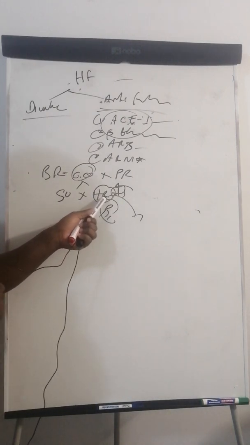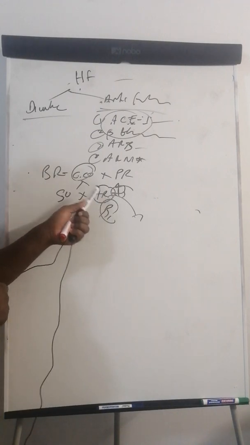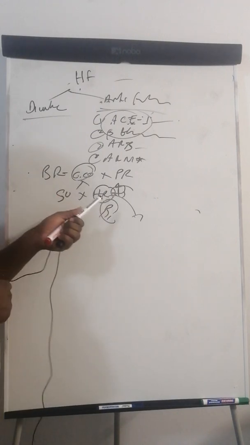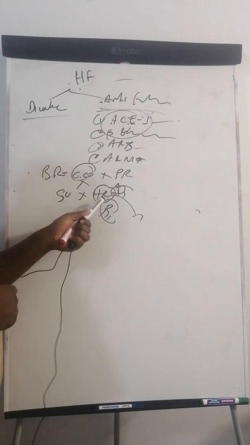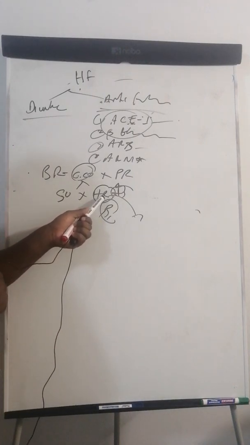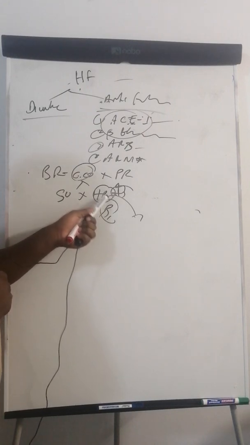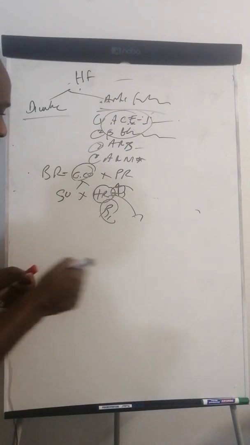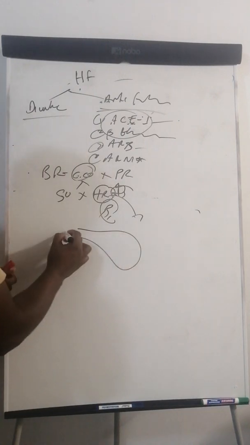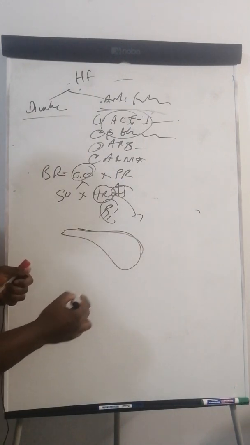So you run a risk of having ischemic heart disease here, forcing ischemic heart disease. Remember, ischemic heart disease does not only come because of plaques, atherosclerosis. You can cause that even here, because remember, you now have a dilated, hypertrophied heart.